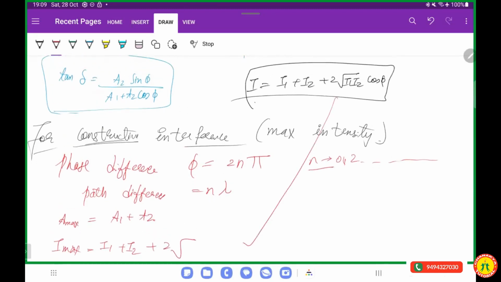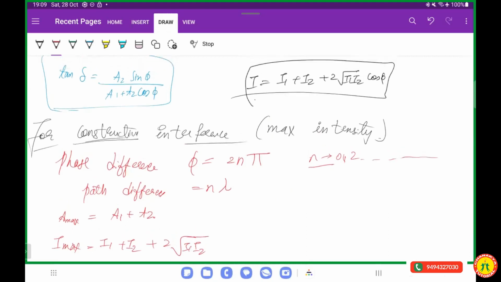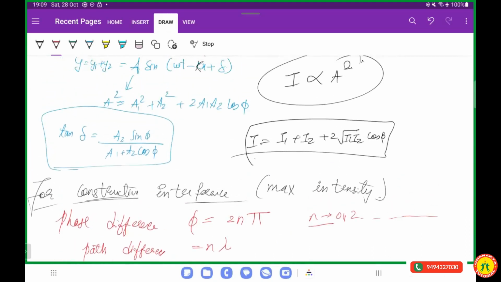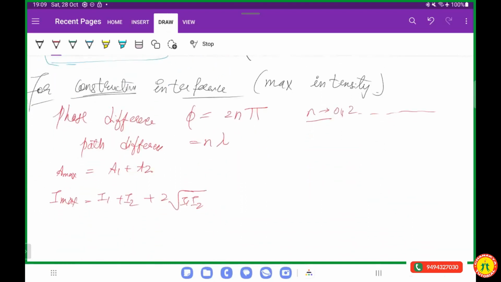From here I'm writing root I1 I2 cos phi, with cos phi equal to 1, and the remaining 2 A1 A2.